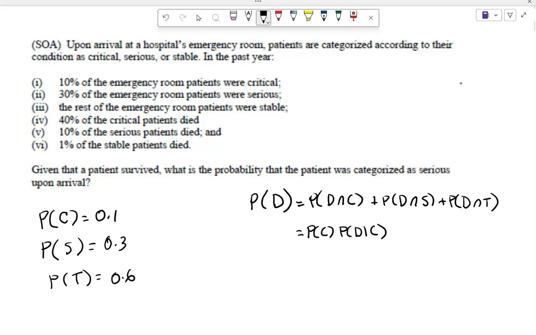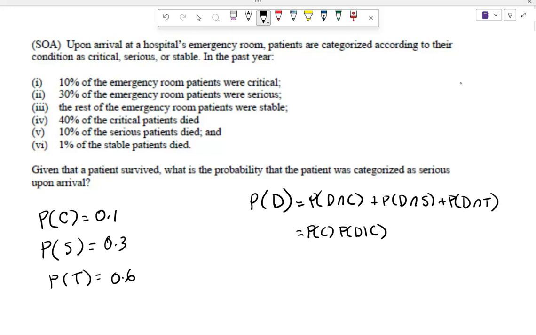Notice that even though it's disguised, because it's not written out explicitly, these are conditional probabilities. You know they're classified as critical. Given they're critical, they have a 40% chance of dying. Given it's serious, there's a 10% chance they die. Given it's stable, there's a 1% chance they die. Those are really conditional probabilities, even though it's hidden.